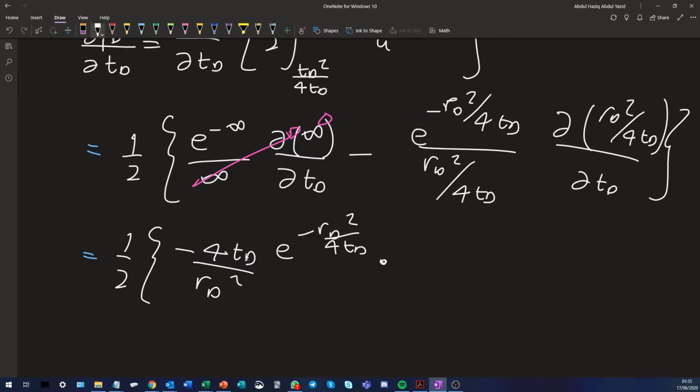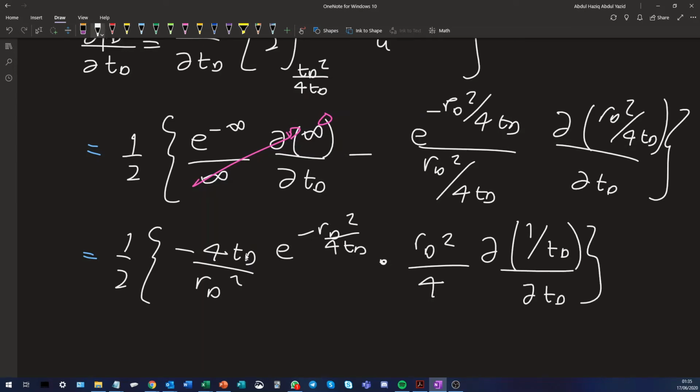So here we can actually take out some factors. We can take out an r sub d squared over 4, ∂ of 1 over t sub d over ∂t sub d.